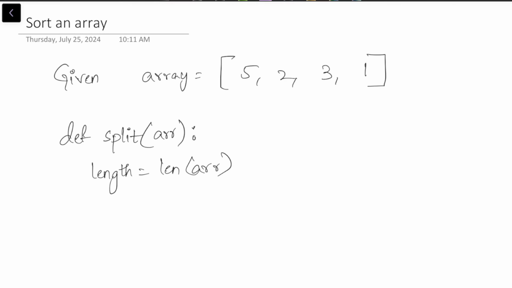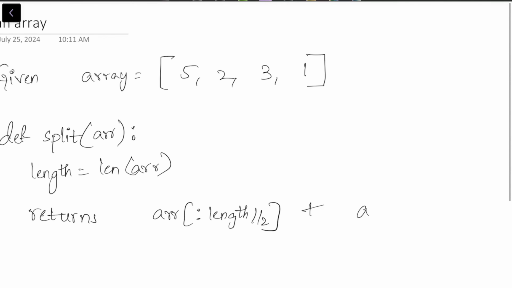If you see here, it returns ARR of length by 2 plus ARR starting from length by 2, the other half.